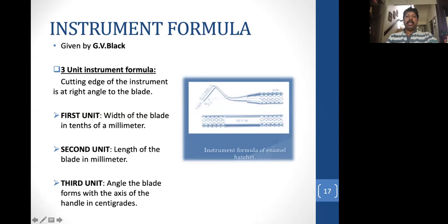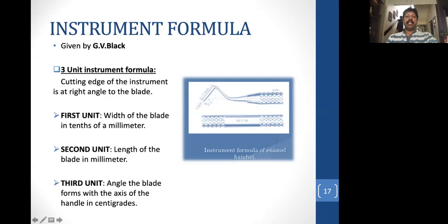So in tenths of a millimeter means what? 1 millimeter is told as 10. Okay, and the second unit is the length of the blade. It is the actual length, that is 7 millimeter.